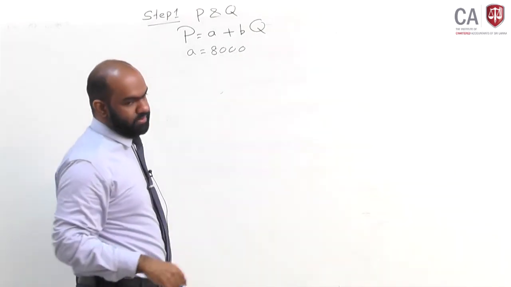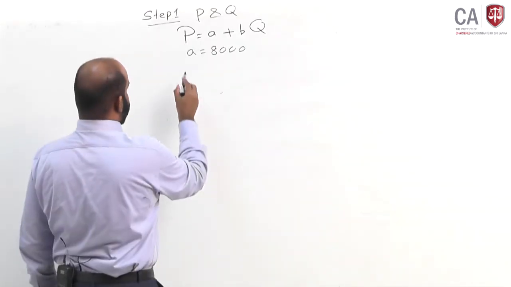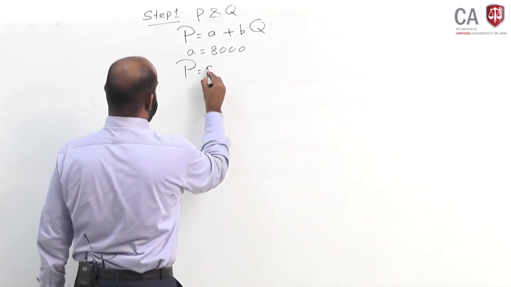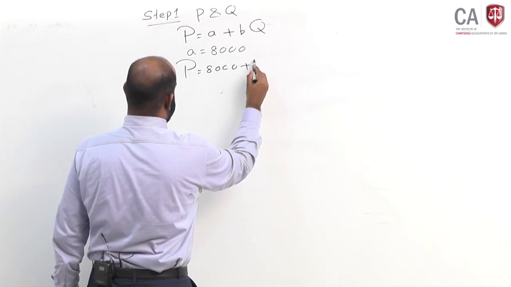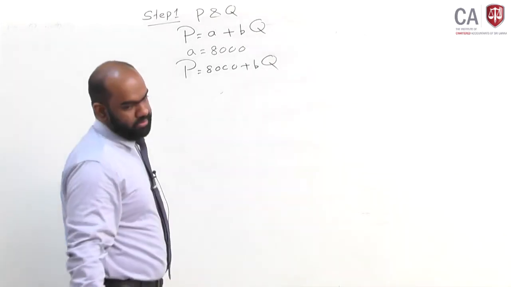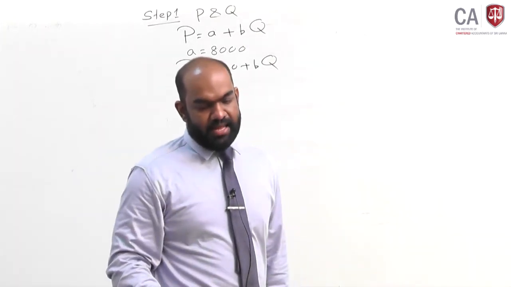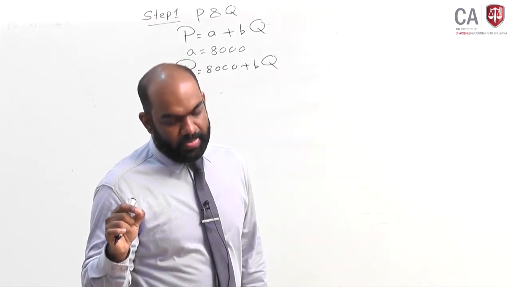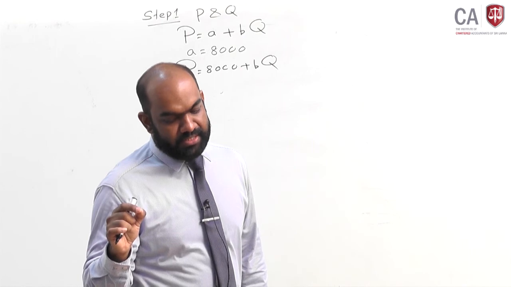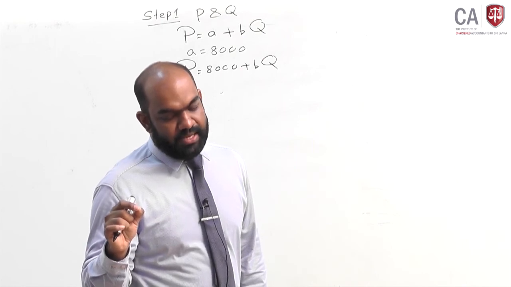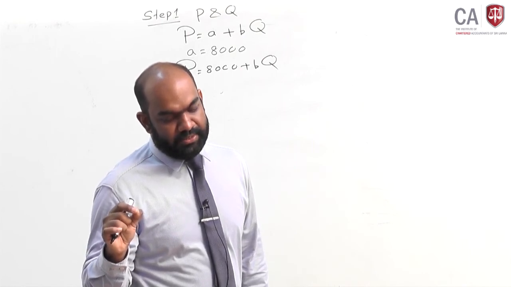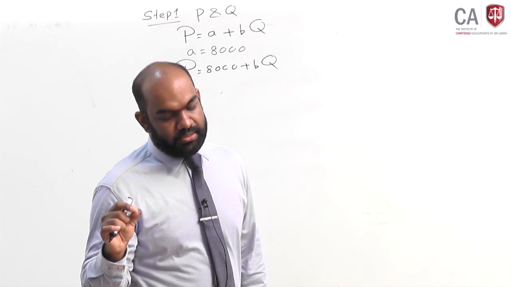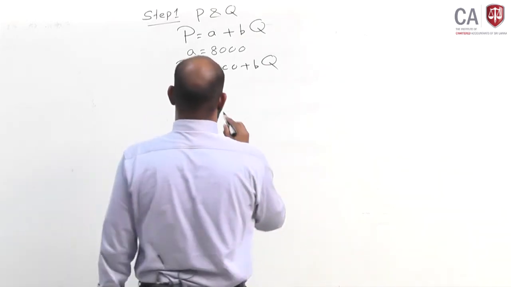A is the intercept. So therefore, this formula should be P equals 8,000 plus BQ. You substitute any other point than the point which is 8,000 on your demand curve. The other point that you can find is 200 and 4,000.